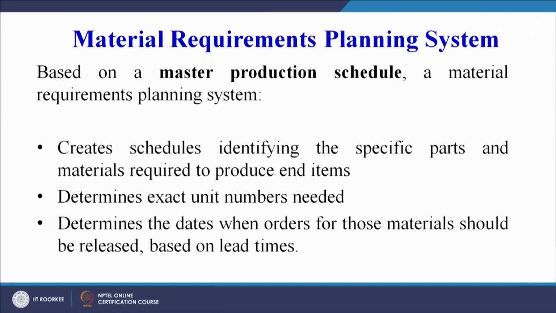So the MRP system will help us in identifying the schedules for material procurement, material usage, and then production. As you have seen, it determines the exact unit numbers needed. It will also determine the dates when orders for those materials must be released based on the lead time. Lead time means that if today we order a material, it may arrive at our organization after 10 days.